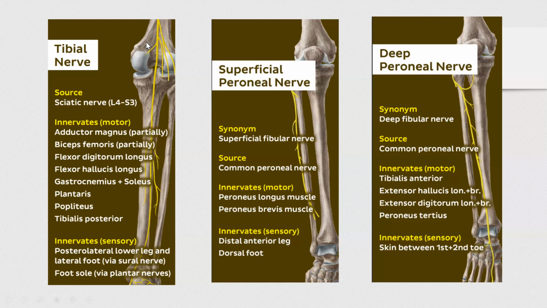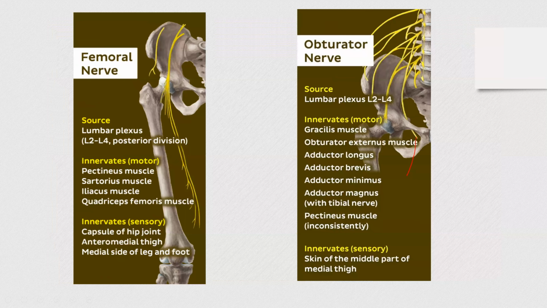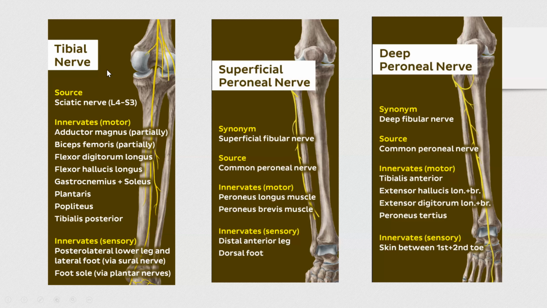What innervates the posterior compartment of the thigh? Well, you need to go back. Posterior compartment, and by the way, I'm sorry, the tibial nerve innervates both the posterior compartment of the thigh and leg.